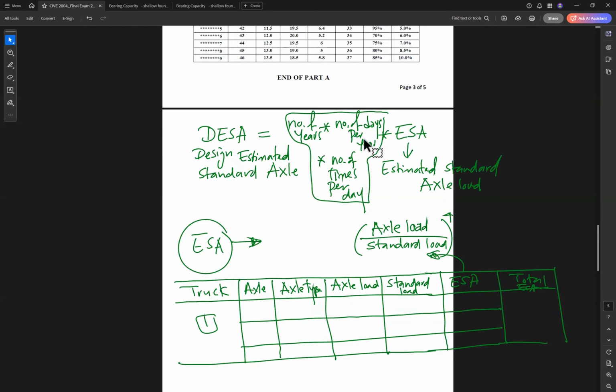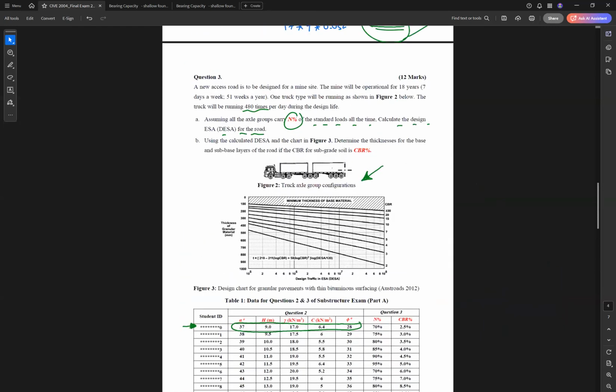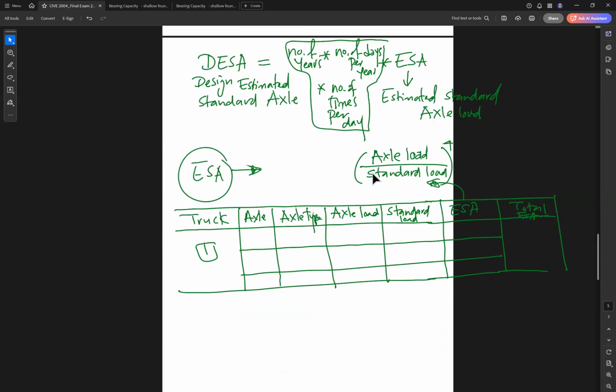If you see the truck, how many axles are in this truck? 1, 2, 3, 4. So 4 axles. So we need to add one more line here.